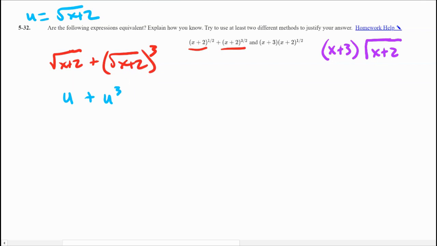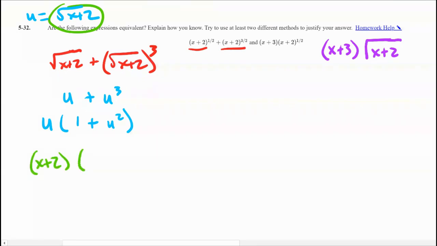Now I can factor out a u. The greatest common factor is u. I get 1 plus u squared. Now I'm going to re-substitute back in x plus 2. So I have the square root of x plus 2 times 1 plus the square root of x plus 2 squared.